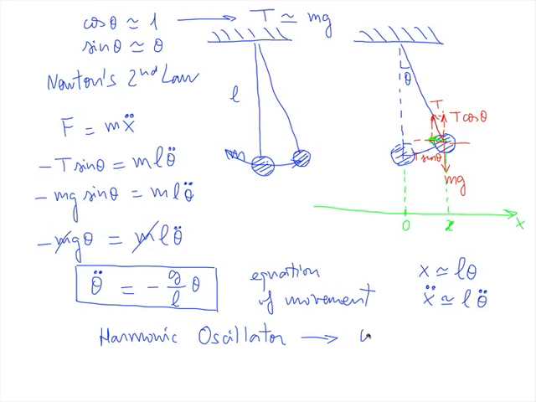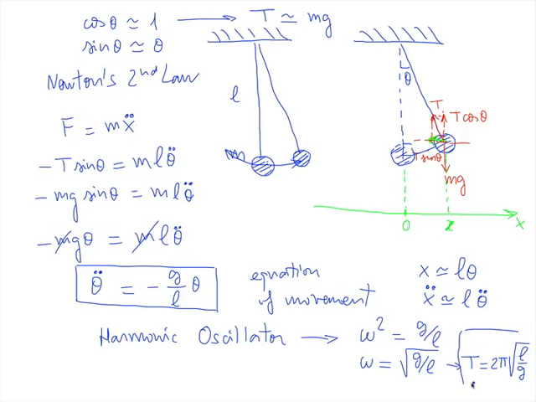So we can write that the square of the angular frequency of the harmonic oscillator equals g over L. So from here we get omega equals the square root of g over L. And finally, from here we get that the period equals 2 pi times the square root of L over g.